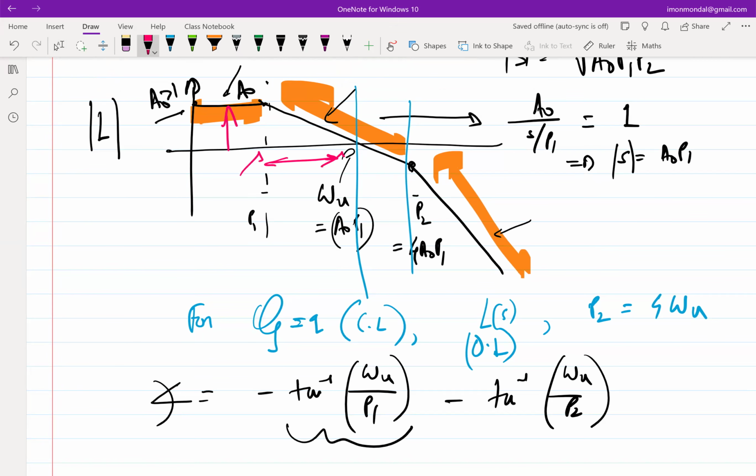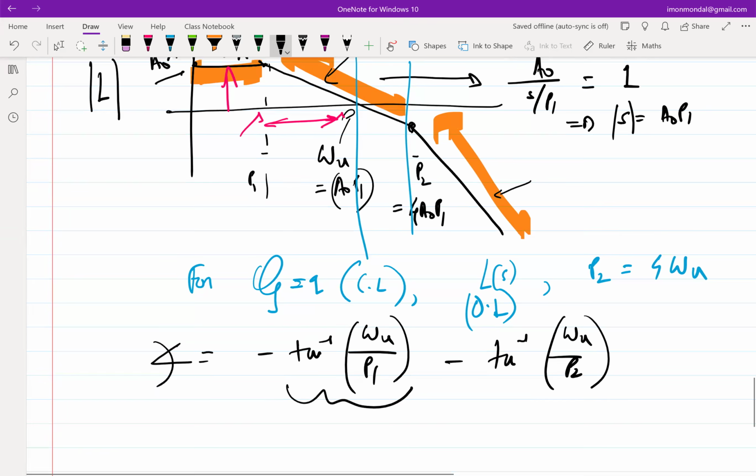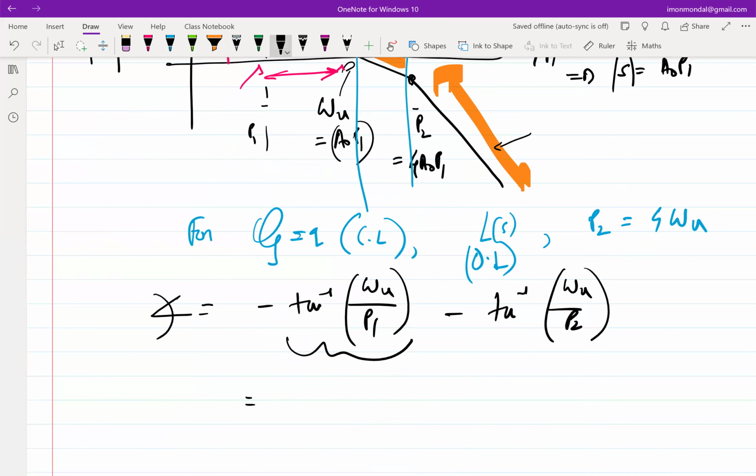So the ratio of omega u over P1, tan inverse of that. Is this much greater than 1, close to 1, or much less than 1, out of the three? Much greater than 1, right? So tan inverse of a large quantity is, come on, you cannot be forgetting trigonometry so early. Minus pi by 2, approximately, minus tan inverse omega u over P2.